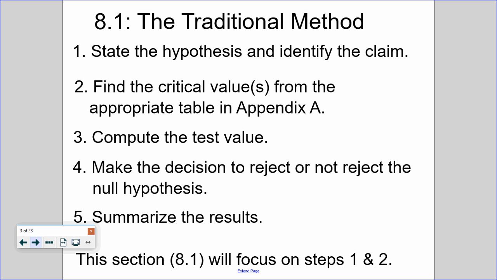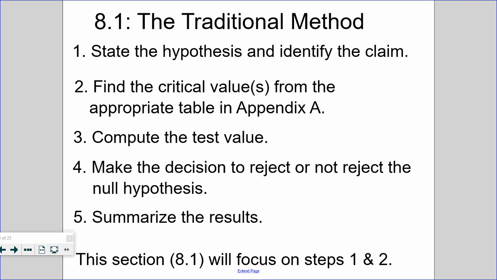Okay, so the traditional method. The first step is that you're going to state your hypothesis and identify the claim. You'll state the assumed hypothesis, and then we're going to state what we claim.